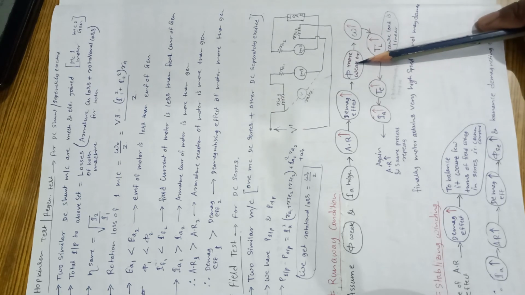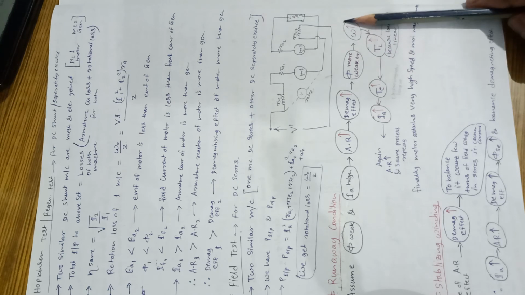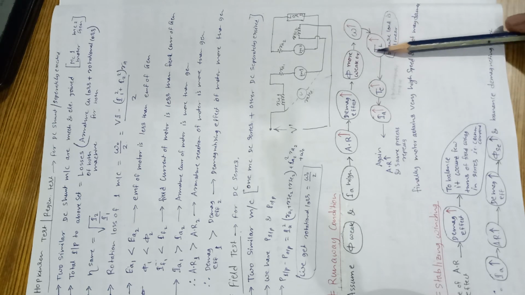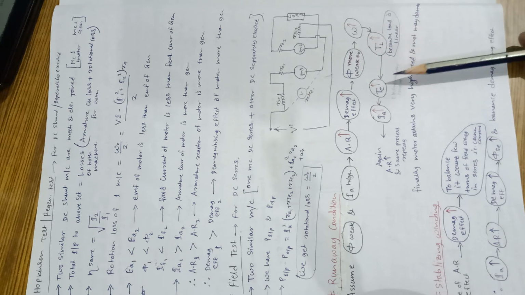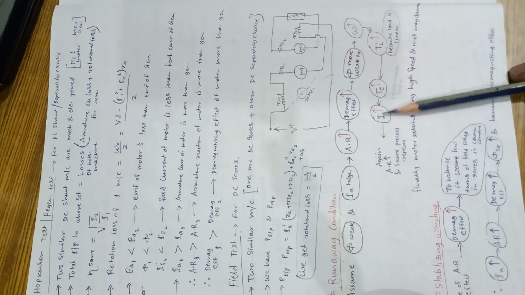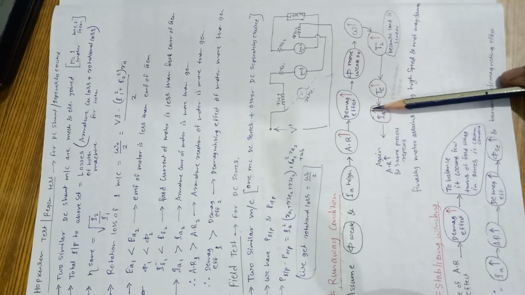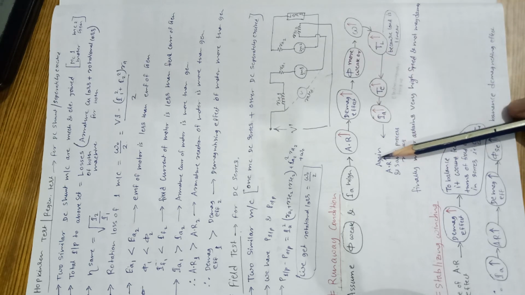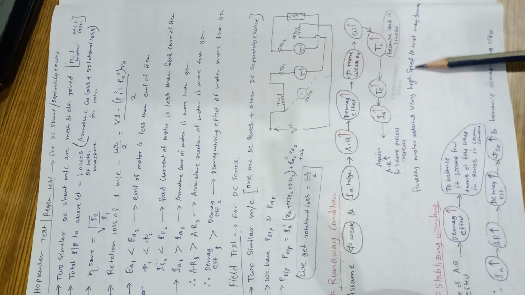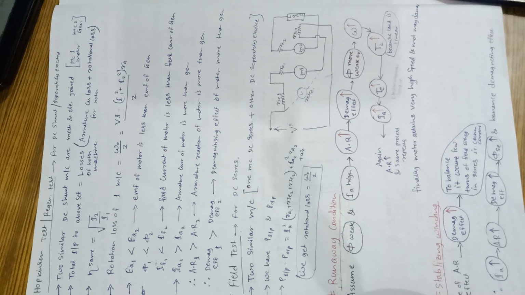Overall flux becomes weaker, therefore speed will increase. If speed increases, the load torque will increase, because the load is linear. Load torque increasing means electromagnetic torque will increase, so IA will increase, armature reaction will increase again, and the same process will repeat. Finally the motor reaches a very high speed and may get damaged.